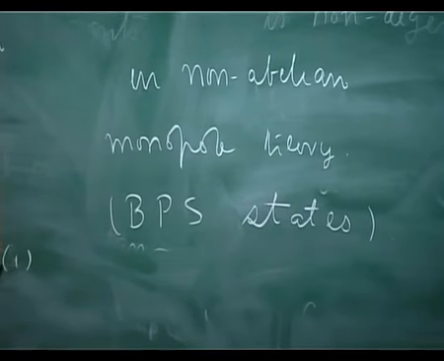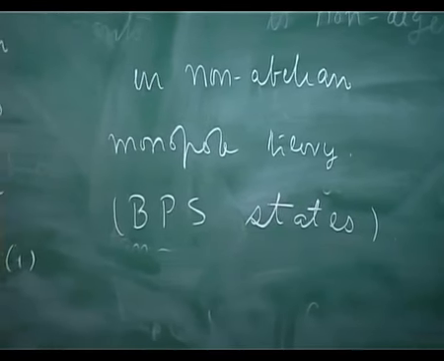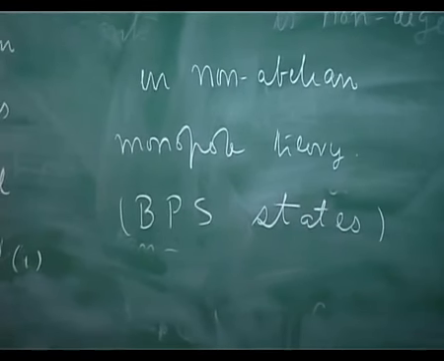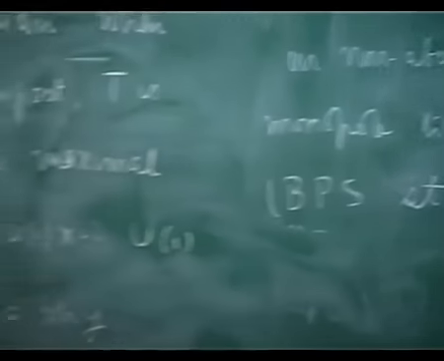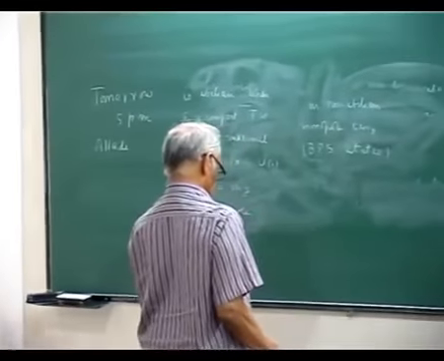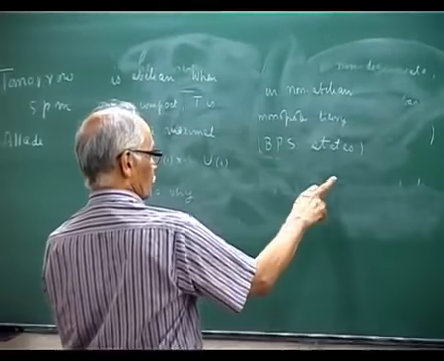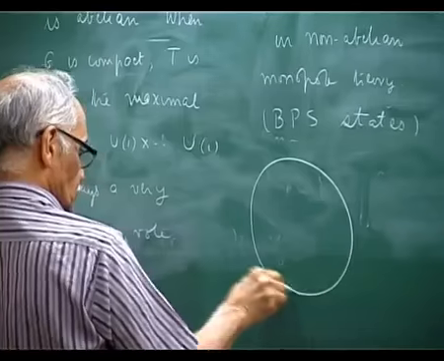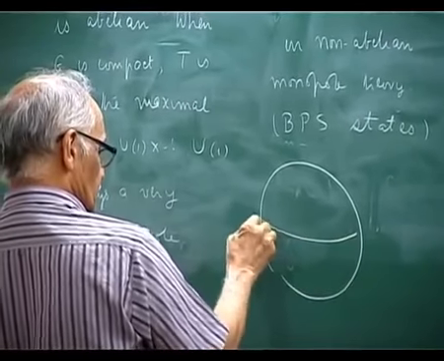Non-abelian monopoles are generalizations of the Dirac monopole to? They are Dirac transition functions. Let me finish this. You see, the Dirac monopole is on a sphere.